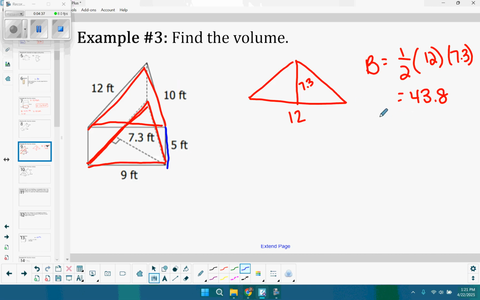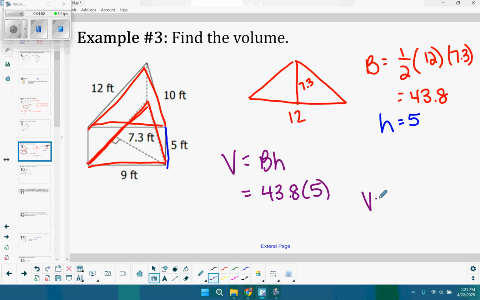This 10 is not going to get used at all. All right, but now I have my B and I have my H. So volume is B times H, 43.8 times 5. This time my volume is 219. The units were feet, so feet cubed.